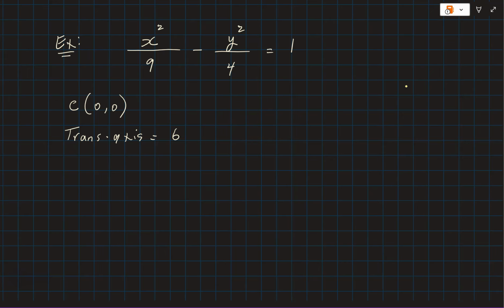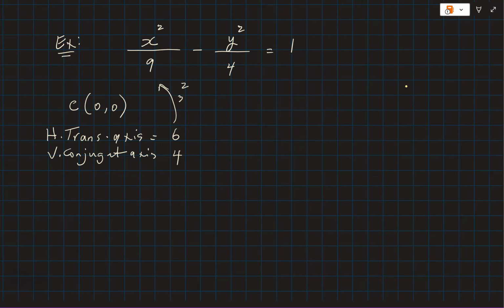So remember, this comes from here, that was 3 squared, but you just want to take 3 and times it by 2. And then the length of the conjugate axis, and I do have to say that this is horizontal, and then the conjugate axis is vertical, and that is 4 because it's the square root of 4, then times it by 2.